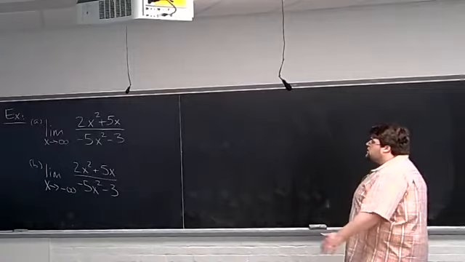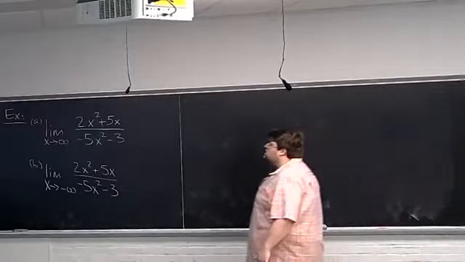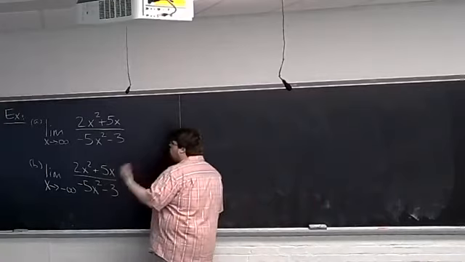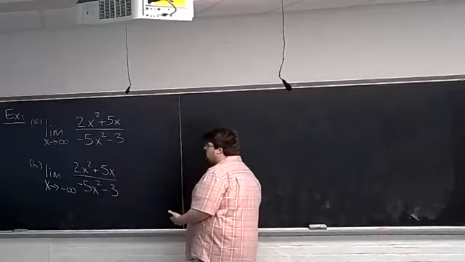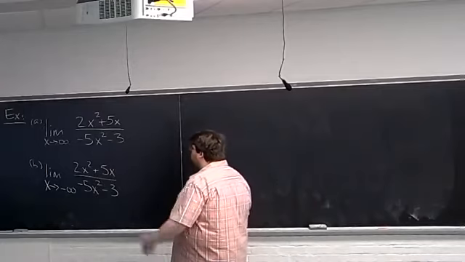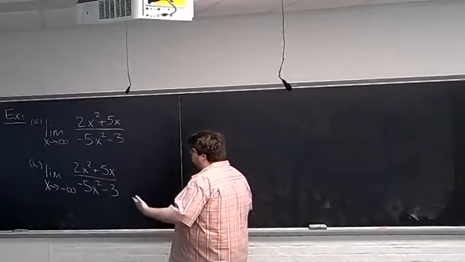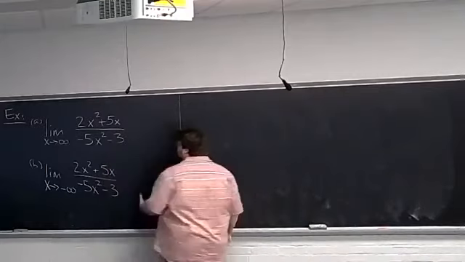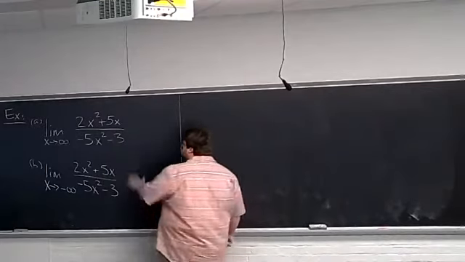But what else can we do to compute these limits? Well, we can see if L'Hopital's rule applies. Now, what do we mean by substituting infinity? Infinity is not a number, so you can't substitute it. But we have here a polynomial divided by a polynomial. Let's just work with this one for now.